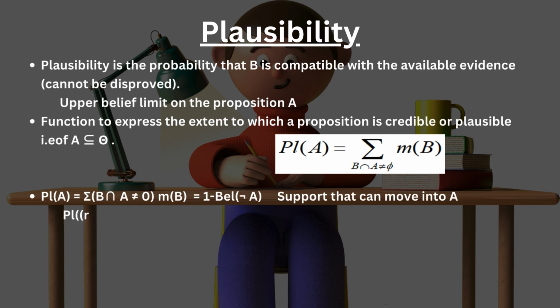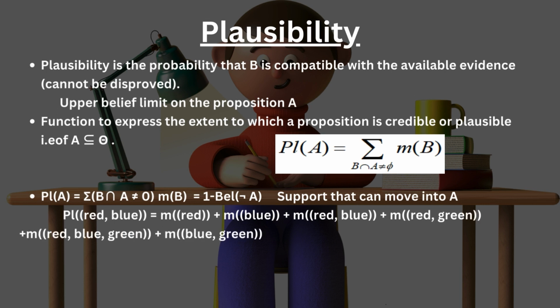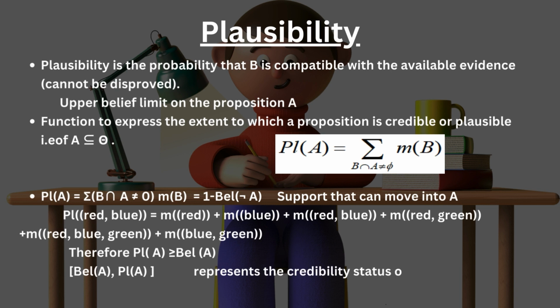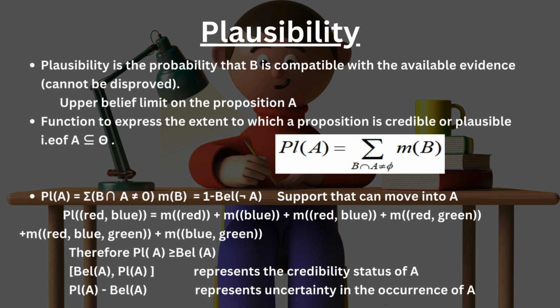It represents the upper limit on the belief in the proposition. For example, if we have evidence that supports the car is red and blue, the plausibility of the proposition the car is red or blue would be high. So, that is the upper limit. With the help of plausibility, we will be representing the upper limit for the car is red or blue.